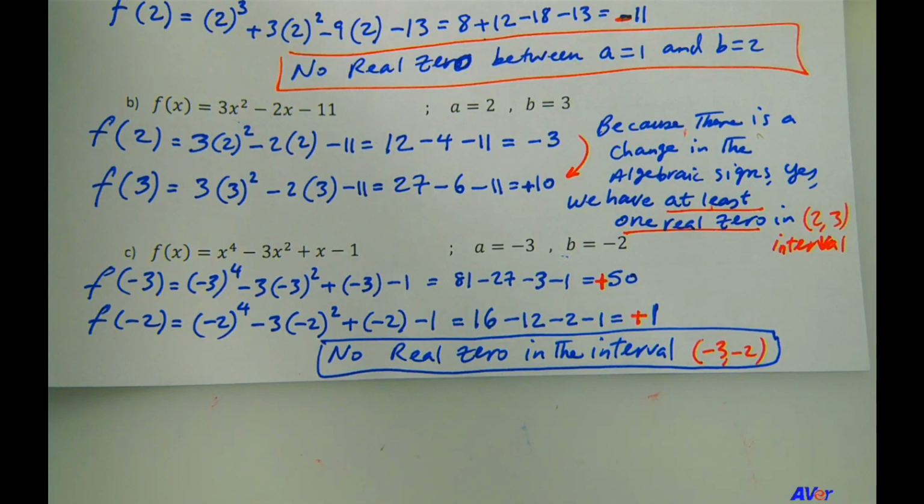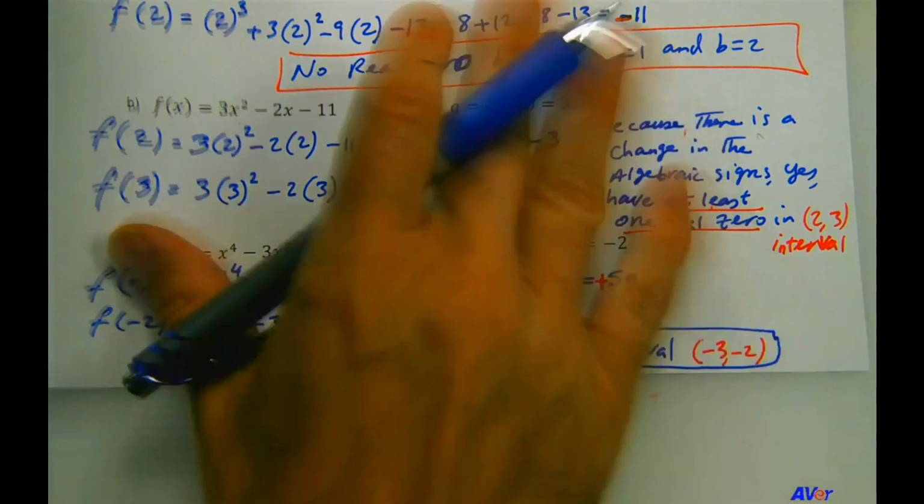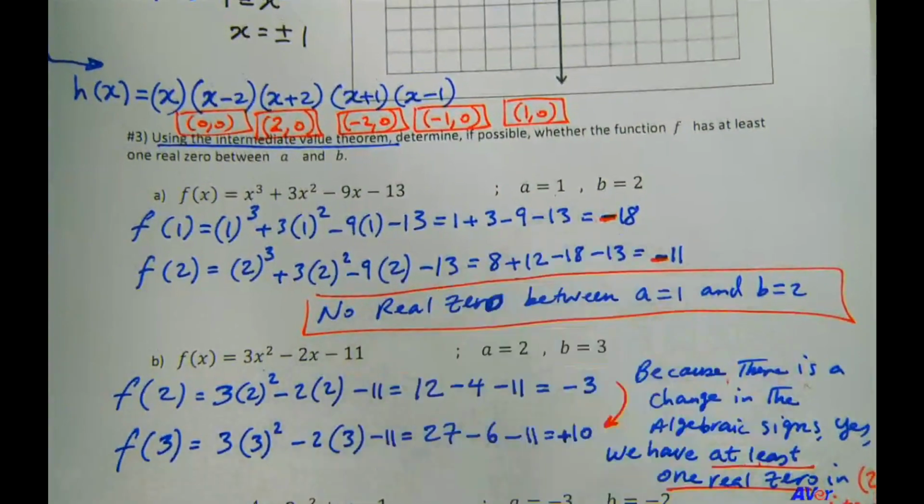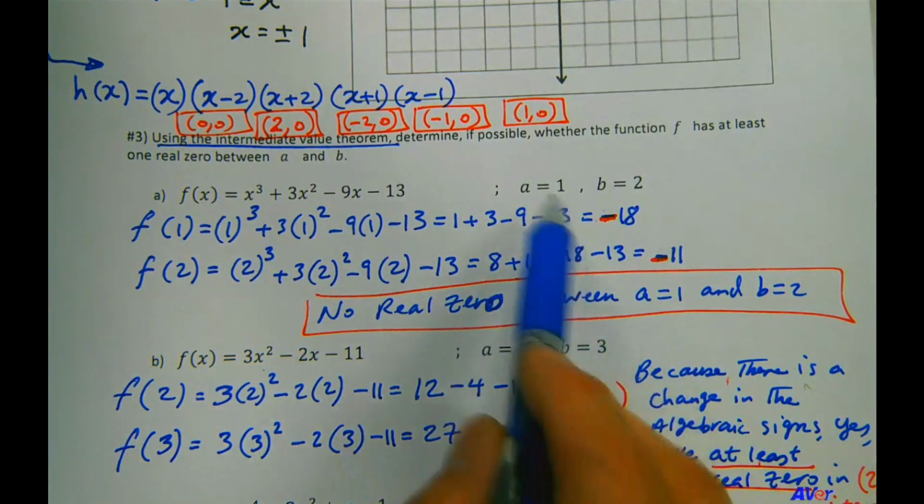Okay. Notice that this intermediate value theorem can tell us that we have at least one real zero. It doesn't tell us how many real zeros we have in any of these intervals, right?